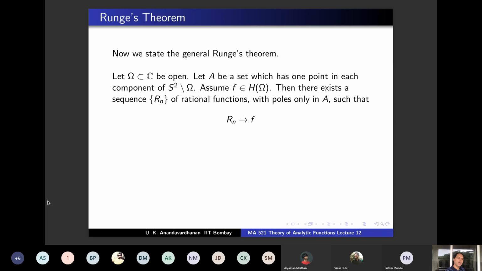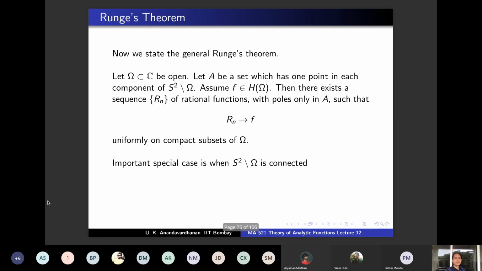You give me a compact set, I know that my convergence is uniform there. This is the correct notion of convergence in complex analysis. So Rn converges to F in the complex analysis topology, meaning it converges uniformly on compact subsets of omega. This is Runge's theorem, and the proof is easy.